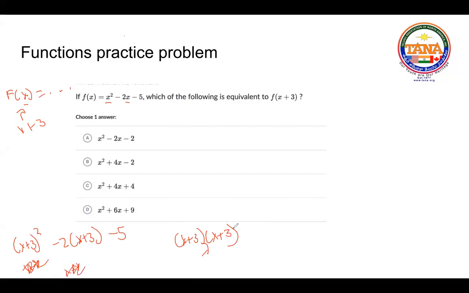All right. So when you FOIL that out, you get x squared plus 3x plus 3x plus 9. So you have x squared plus 6x plus 9, minus 2x right here, minus 6 right there, minus 5. And then when you combine like terms, you should get x squared plus 4x minus 2, and that is B. Does anyone have any questions?